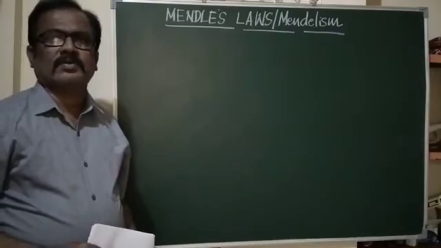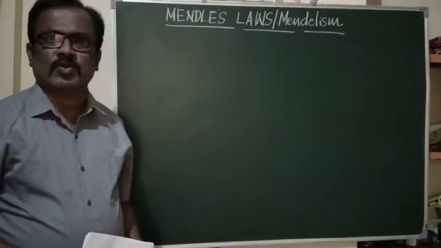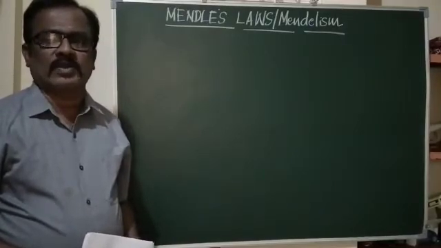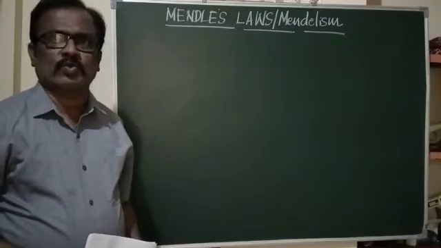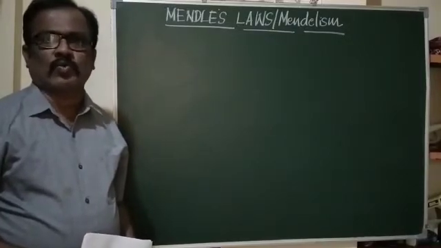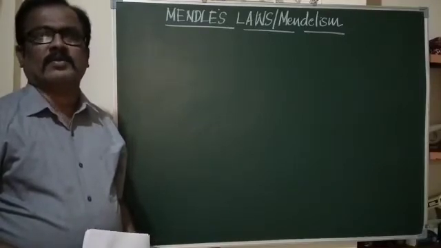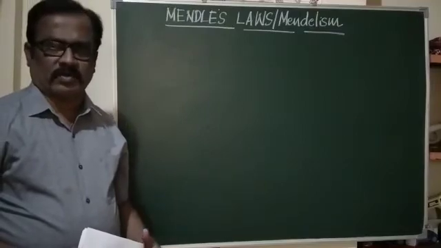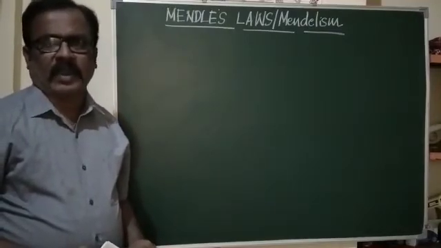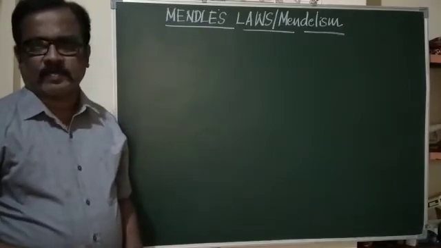Like that, the dihybrid cross phenotypic ratio is 9:3:3:1 and genotypic ratio is 1:2:2:4:1:2:1:2:1. So I think you have gone through the video clips and understand the mechanism involved in monohybrid cross and dihybrid cross.